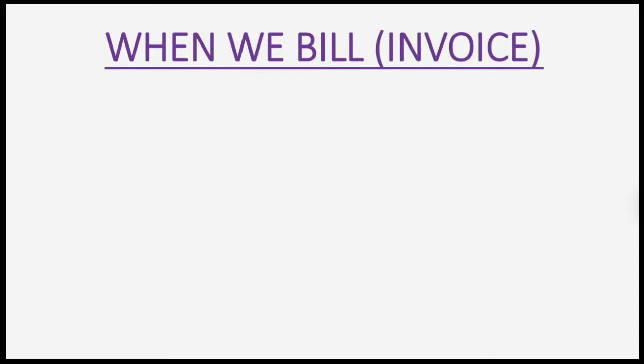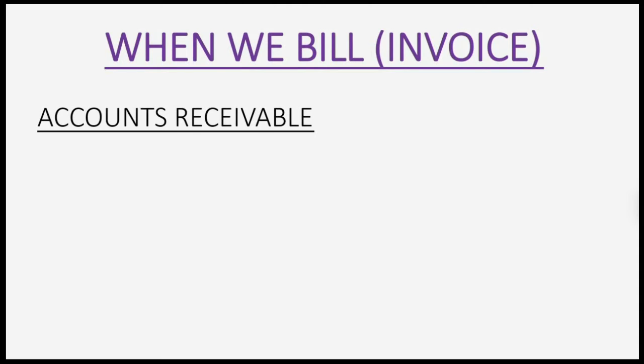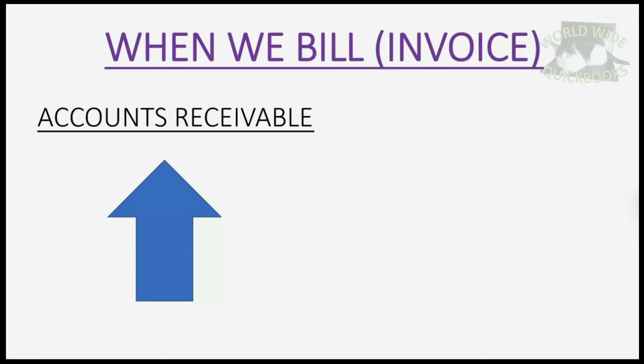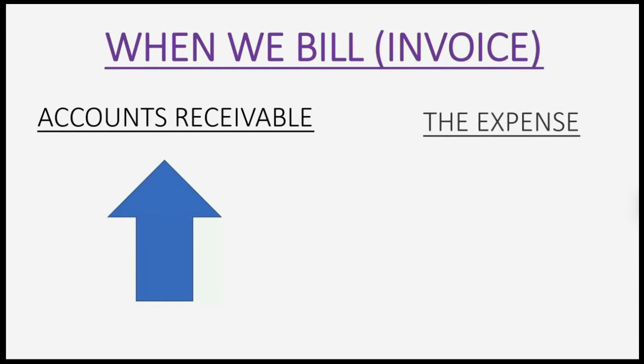So when we bill for the expense that we paid previously, accounts receivable additionally goes up by the amount that we're billing for the reimbursement of the expense, because the client is now responsible, and the expense in our records that lowered our profit will decrease because now the client is responsible for it.